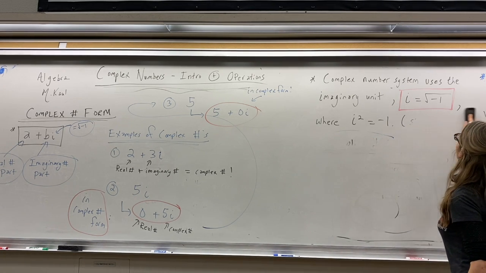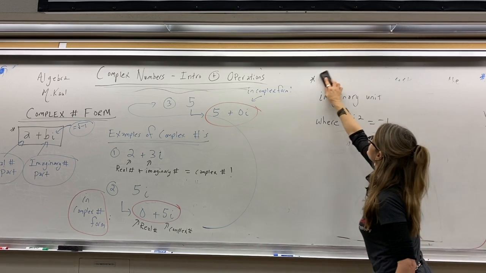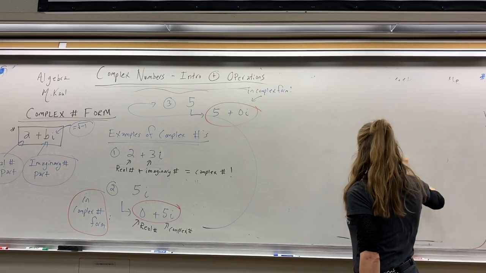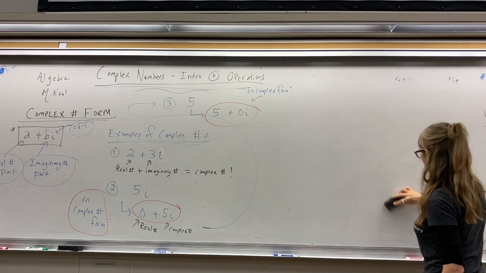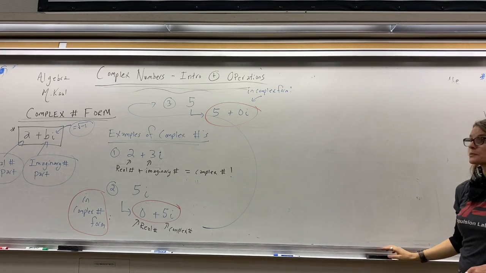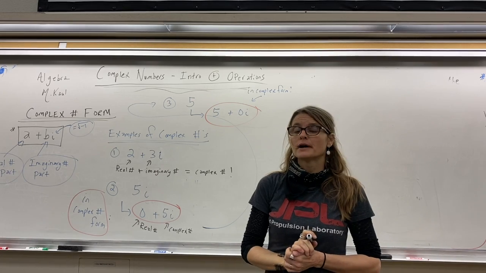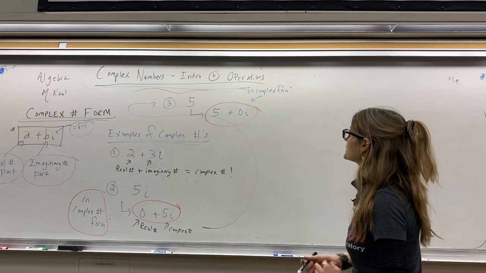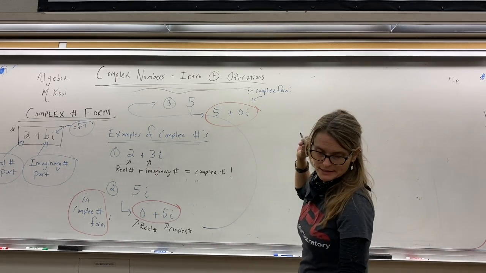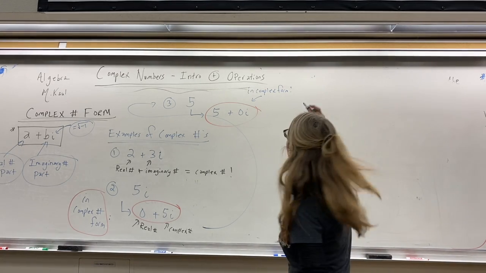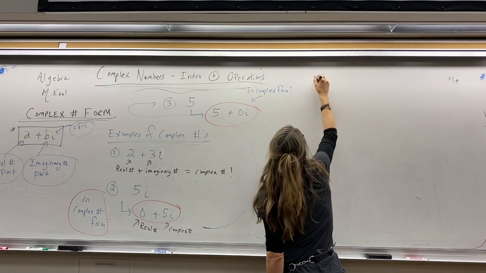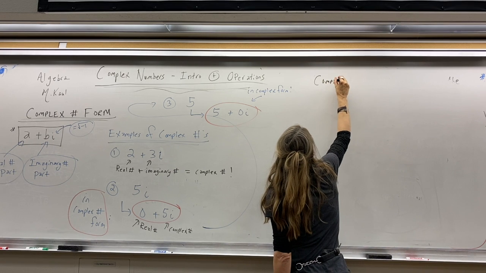So we have something called the complex conjugate, and we work with this a lot because a lot of times we don't want, just like we don't like to have square roots in denominators, we don't like to have imaginary parts in denominators. So let's go ahead and take a look at the complex conjugate, which is something we're going to work with.